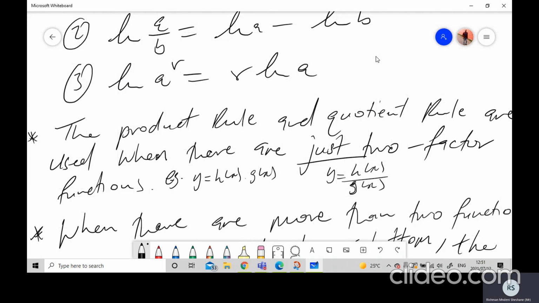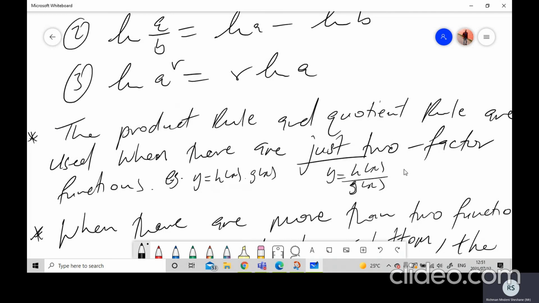We're finding the derivatives here. We know the product rule and quotient rule are used when there are just two functions. For example, if my function y is h of x times g of x, there are two functions, so you can easily apply the product rule.